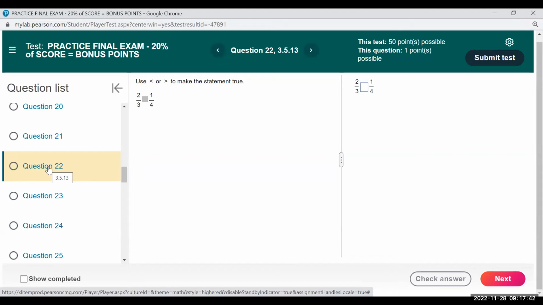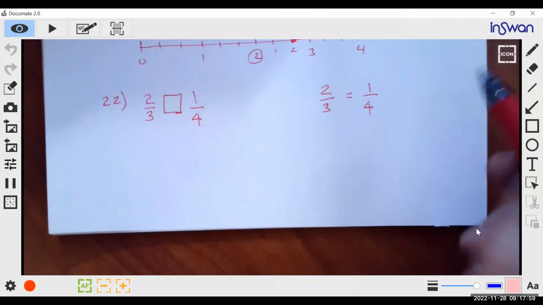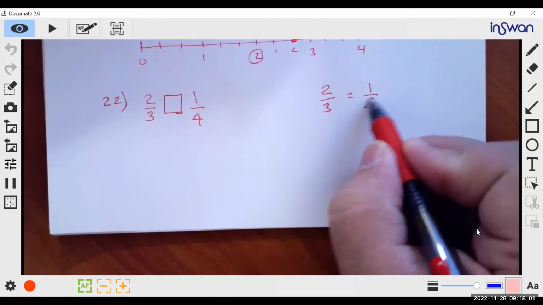The easiest way to solve these type of equations, all it's asking you to do is put the inequality symbol on which one's bigger. So start off, cross multiply.